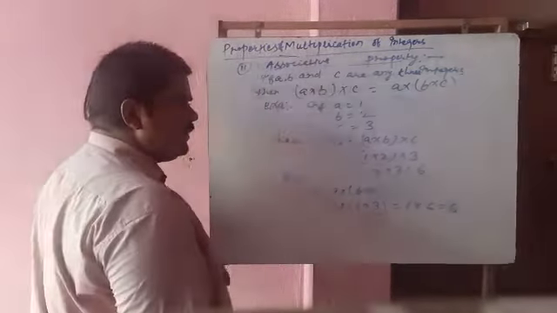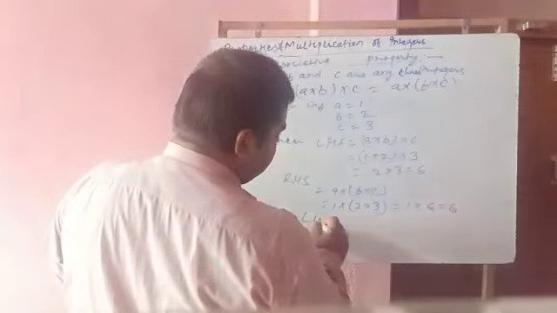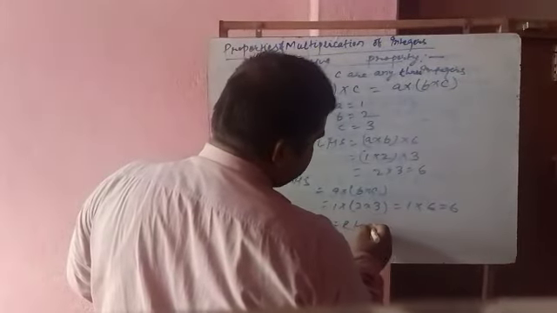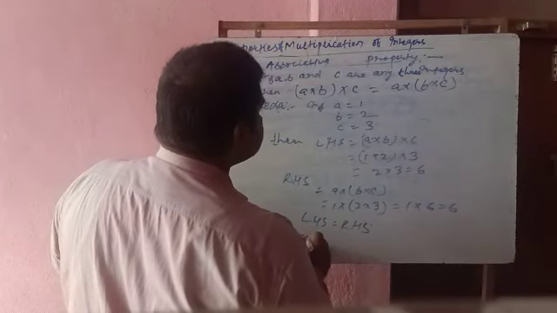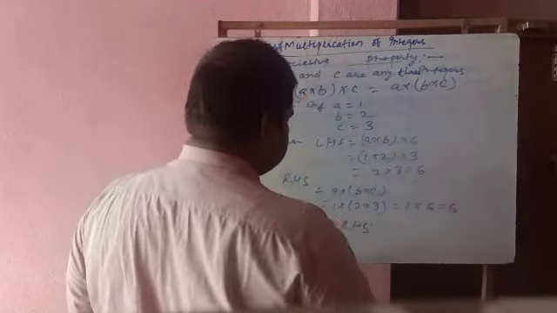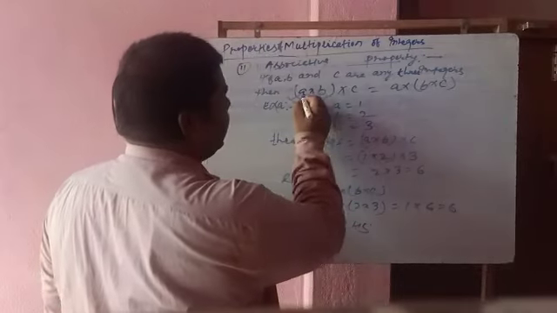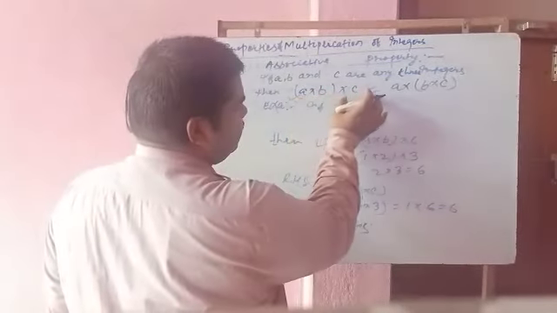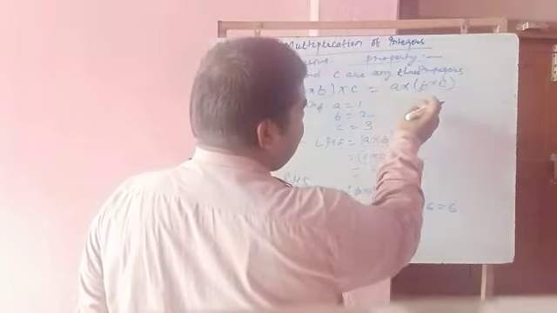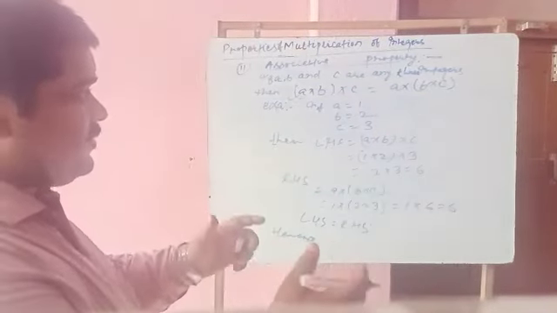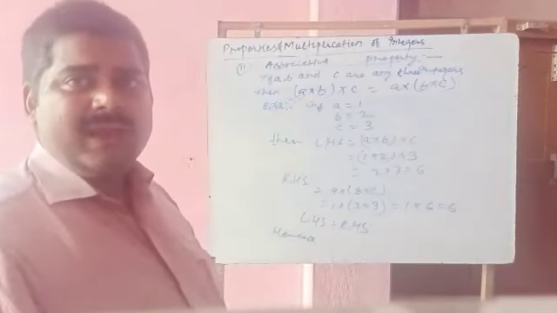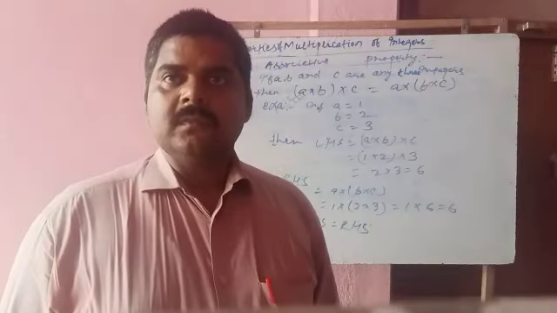Checking the RHS, the result is also 6. So LHS is equal to RHS, which concludes that if you change the grouping, the result is unchanged.